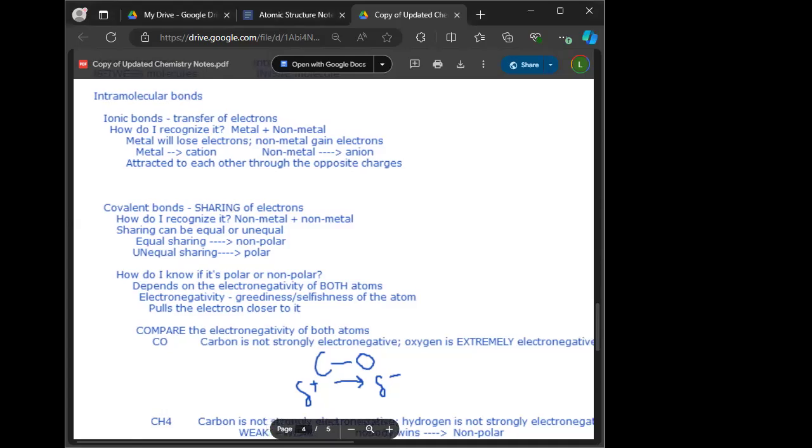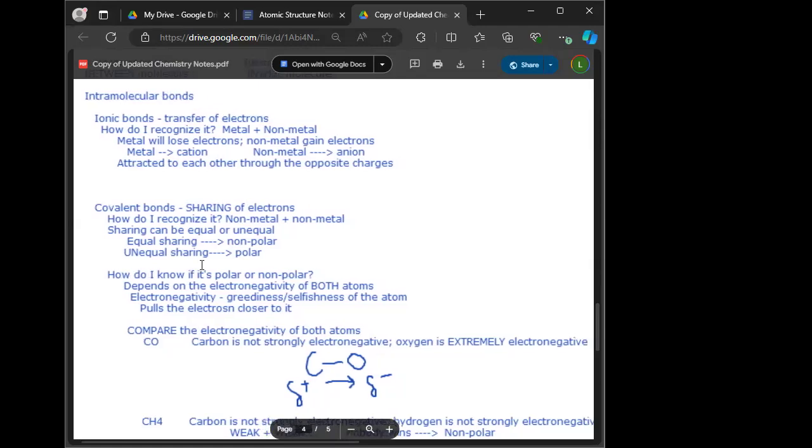Okay. Now the sharing between the nonmetals can be equal or unequal. Yeah, it can be equal or unequal.